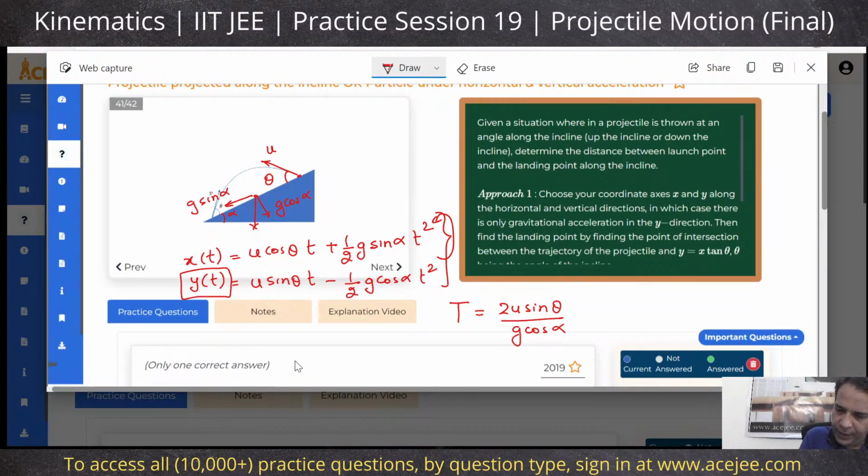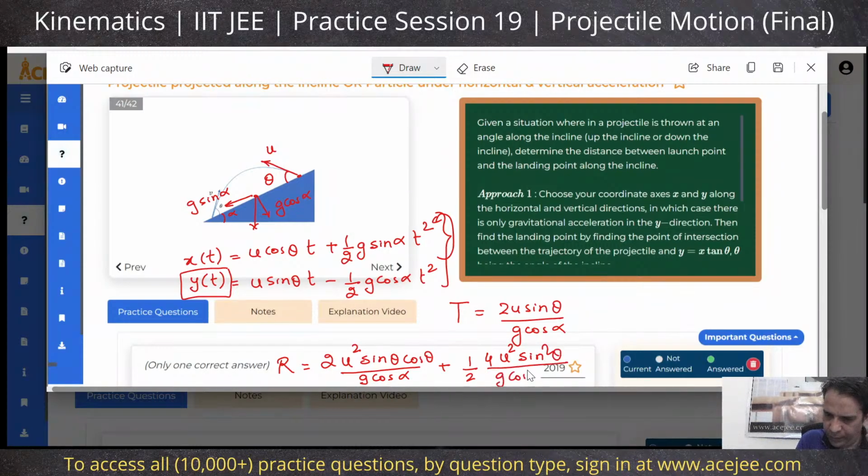If I put that in the range, your range will become 2u square sine theta cos theta by g cos alpha, plus, g will cancel out, u square sine square theta divided by g cos square alpha.